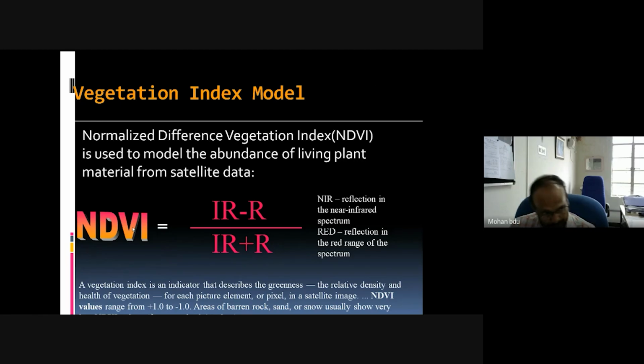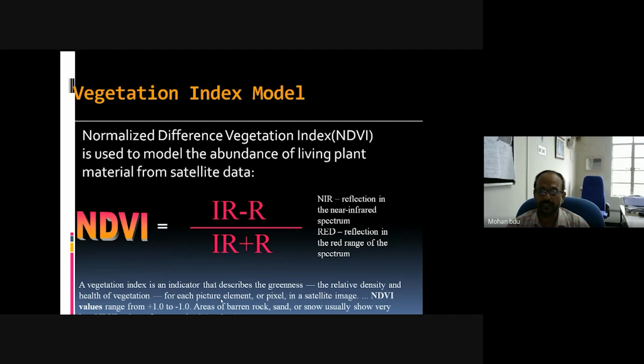Actually, while analyzing the baseline parameters such as the forest conditions, or if there is any loss of vegetation, or any change in vegetation over a period of time, the satellite imageries could give you the idea how much change had occurred over that period. The vegetation index is an indicator that describes the greenness, the relative density and the health of the vegetation.